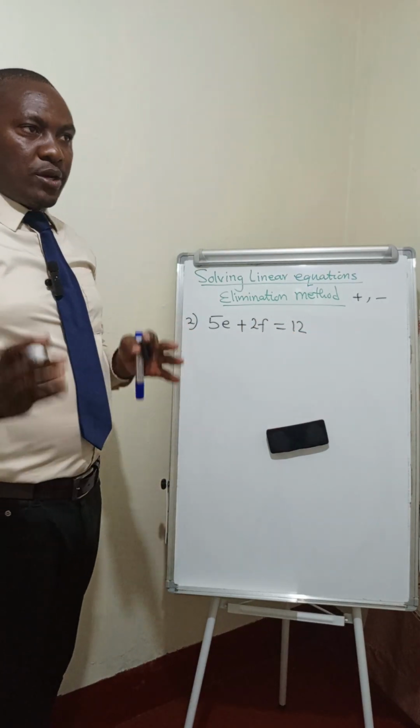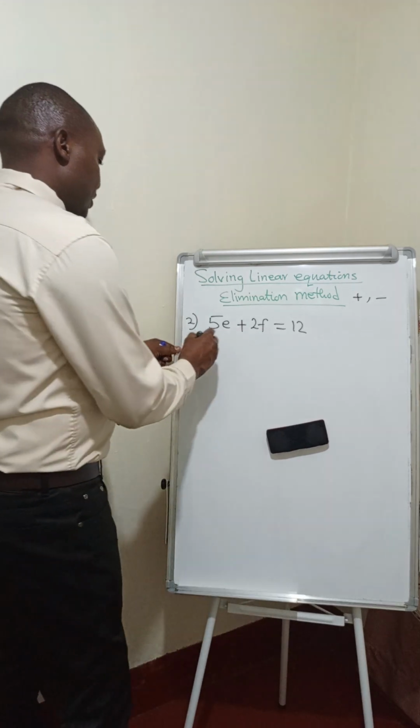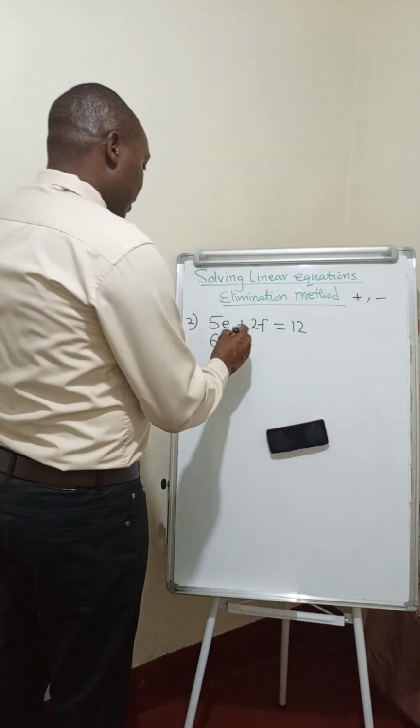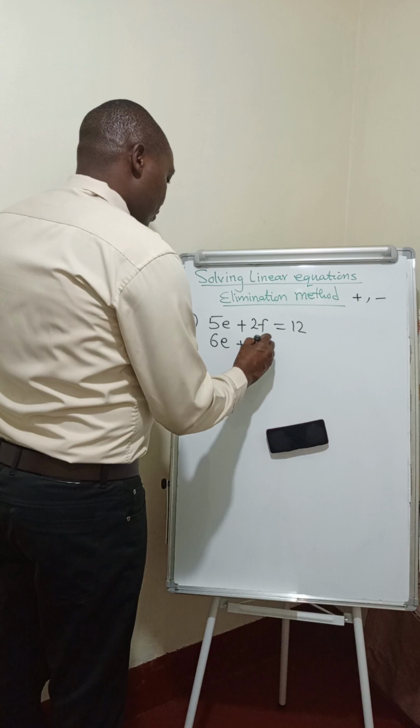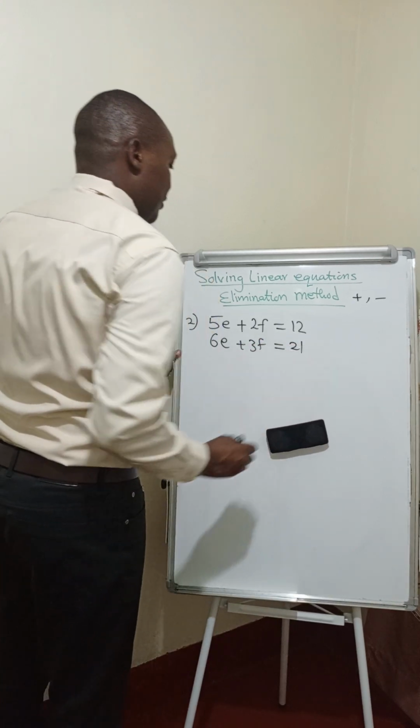That is equation 1. Equation 2 can be 6e again plus 3f is equal to maybe 21.